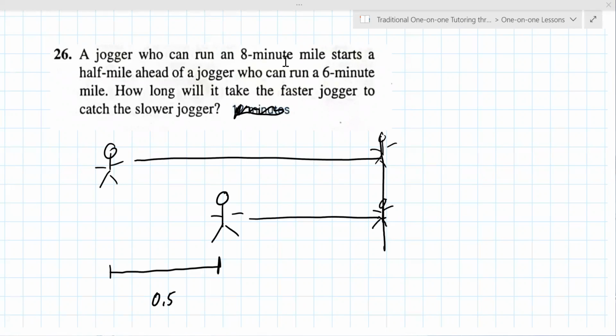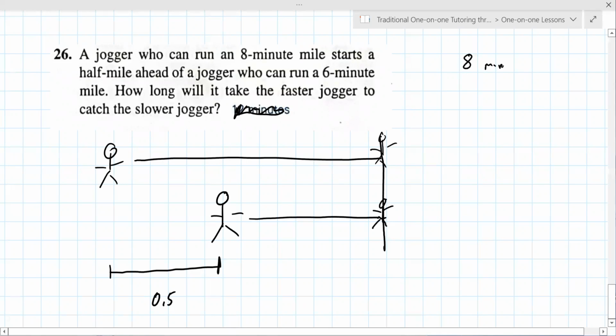Rate. It's a rate. So it's saying that in 8 minutes, you can run 1 mile. Now we generally like things to be in terms of miles per hour. So we have to do a little conversion here. So you can do 1 mile, but how much is 8 minutes in terms of an hour?